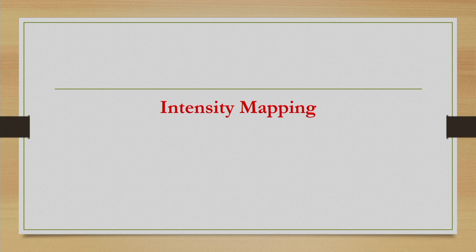Now, when we talk of intensity mapping, what do we refer to? We refer to a mapping process. What does it map? It maps the intensity value that we have computed using the lighting or the shading model to a value that a computer understands, that is a string of zeros and ones.